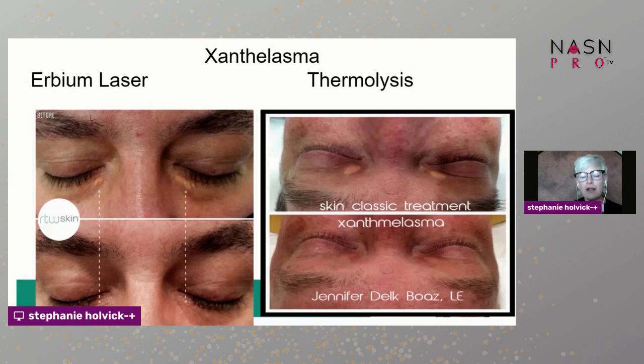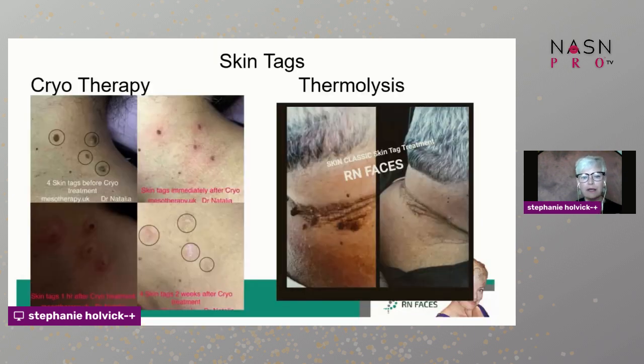But there are things out on the market that people can use, like Tag Away. There have been different modalities, but these are tried and true, and this is what most people get if they've had their skin tags treated. If you go to the dermatologist and they want to cryo all these, well, they'll cryo them, and this is what can happen in between and how it looks after.